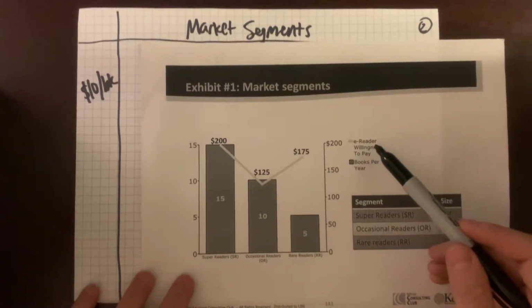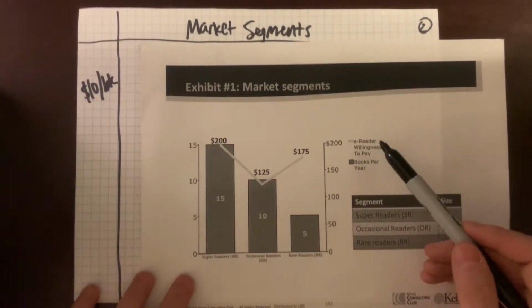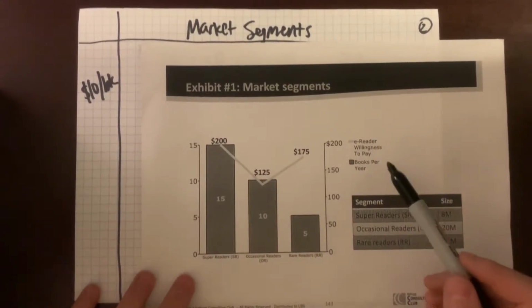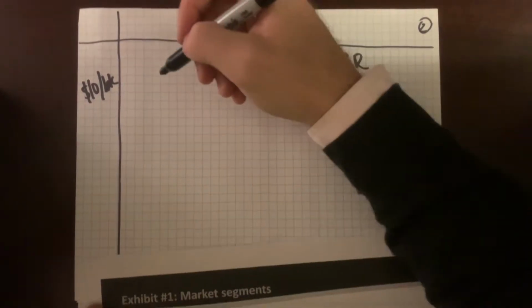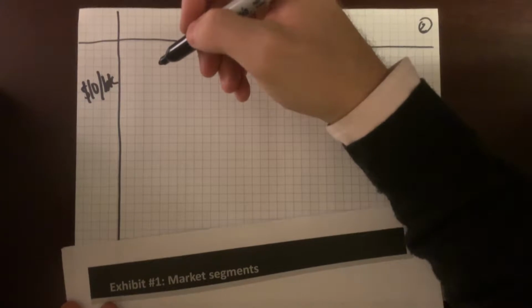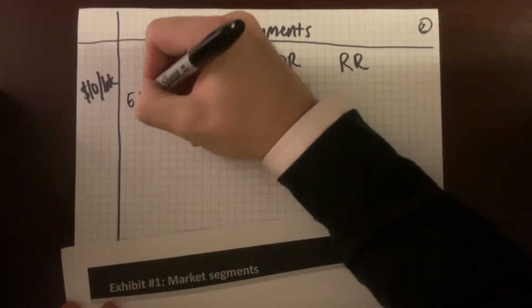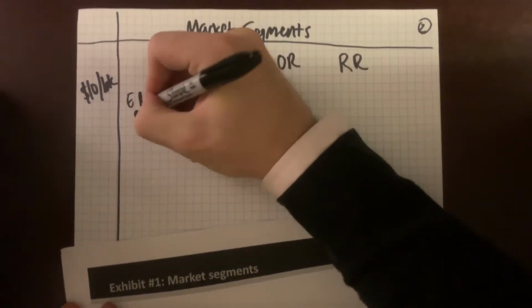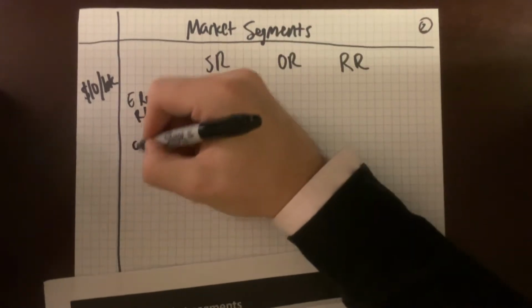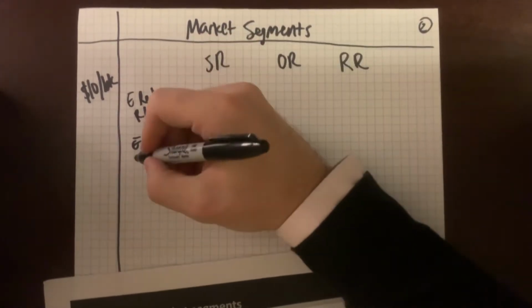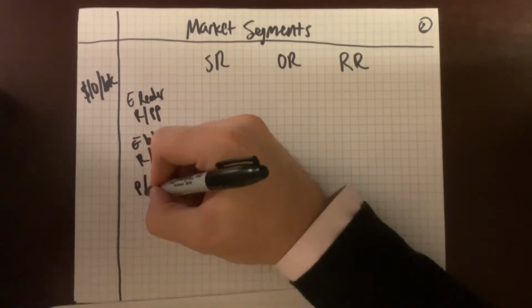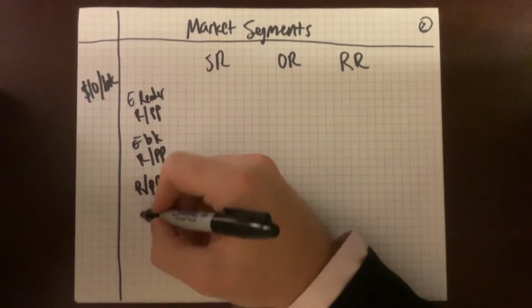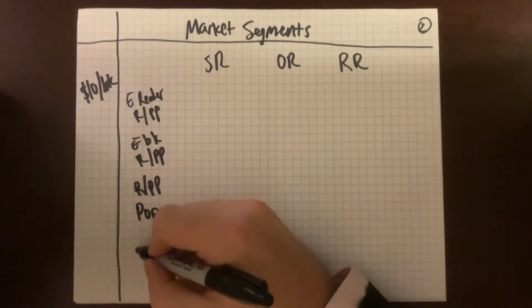So I can do what's the revenue I get per person for the e-readers and then for the books. So I might think about this as e-reader revenue per person, e-book revenue per person, and then I can say revenue per person, multiply that by my population, and then get a total.